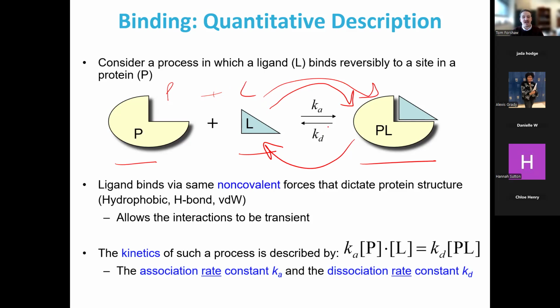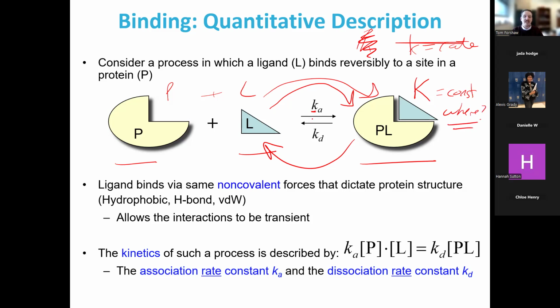How fast does that occur? Or how fast do they break apart? And that is given by the lowercase k. A lowercase k, I'm trying to draw a lowercase with my little tablet. A lowercase k equals rate, how fast. An uppercase k equals constant, where.